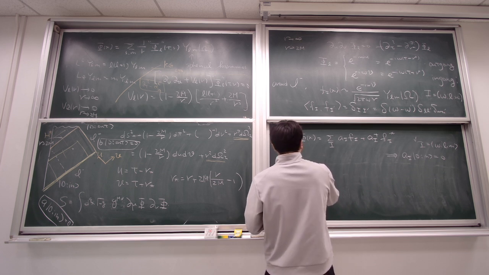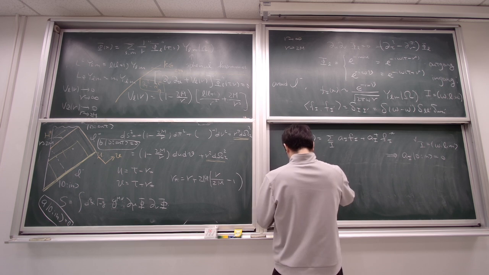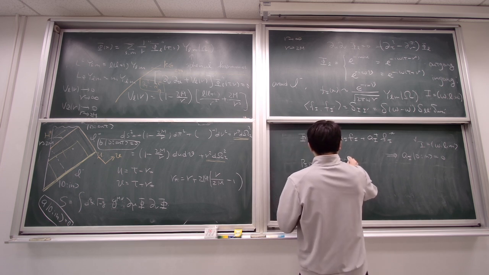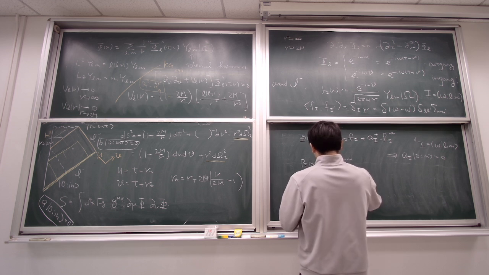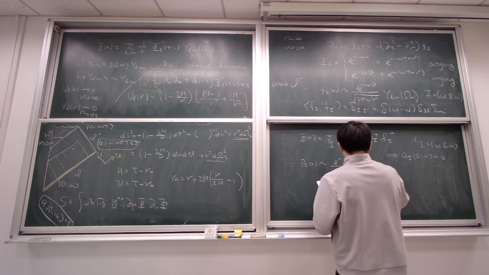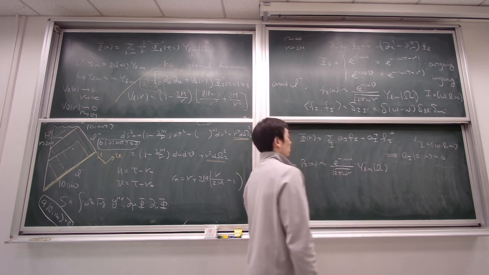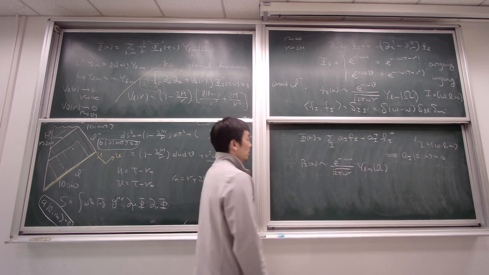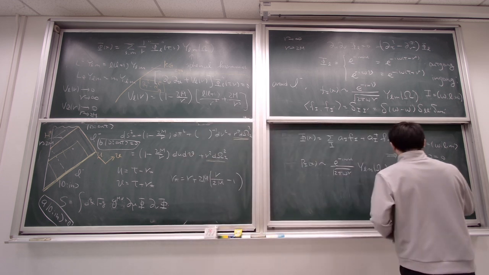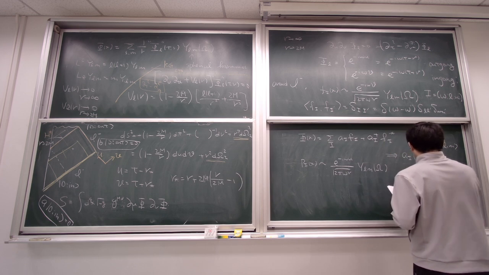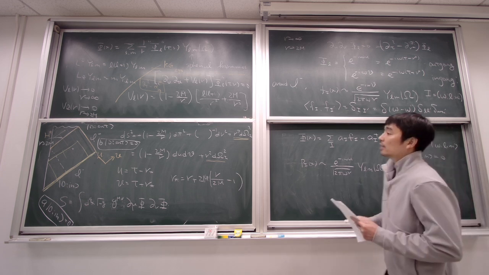So p_i of x is a mode expansion, e to the minus i omega u, divided by the same factor, the same mode expansion. This is the mode expansion on scri plus.